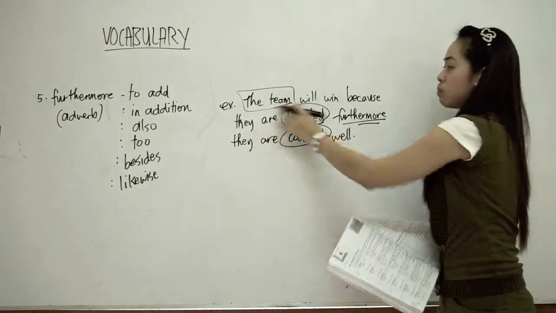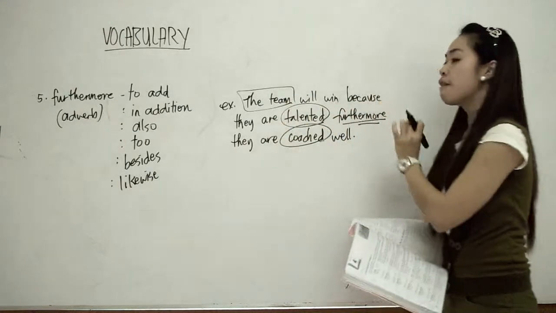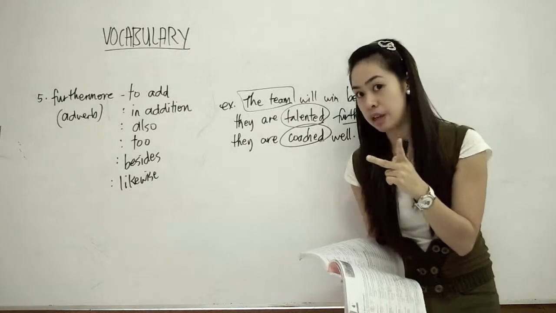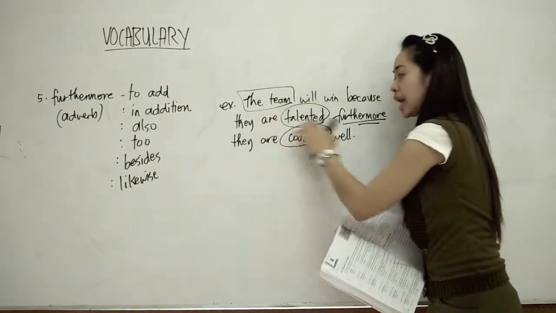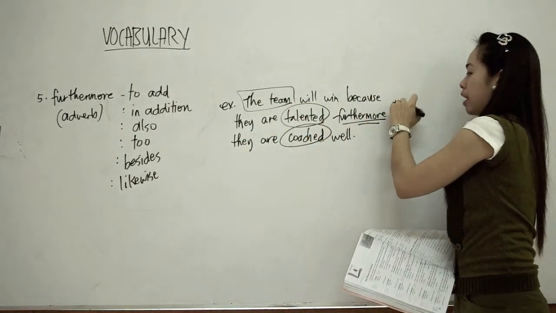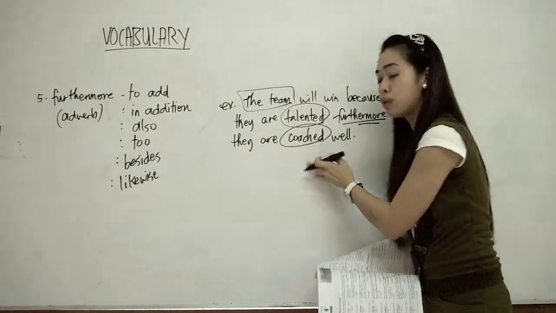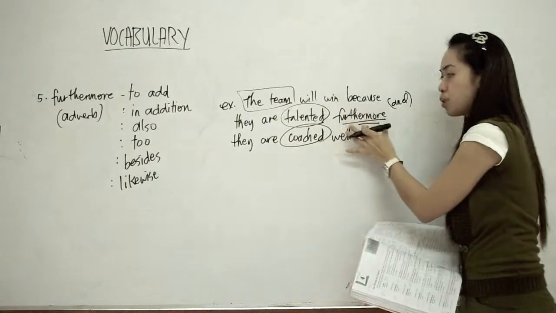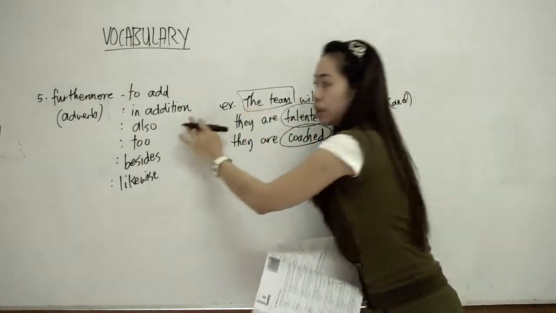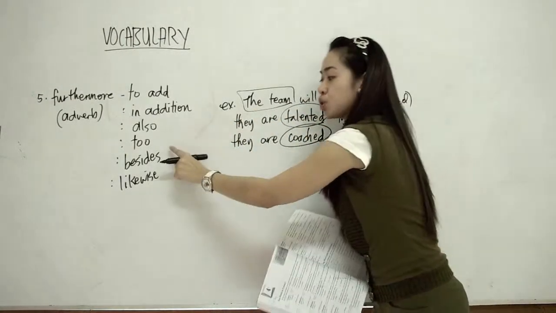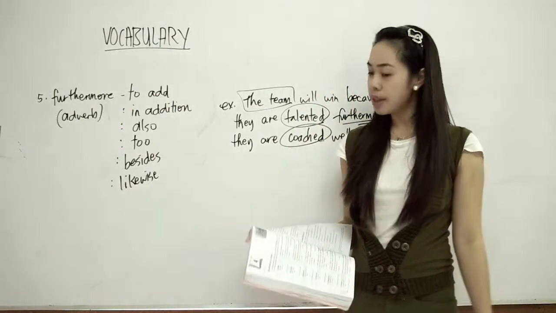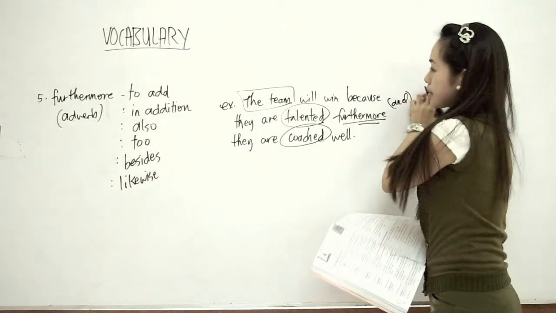So there are two pieces of information given here: they are talented and they are coached well. So in order to add more information, you use the word furthermore. You can use the words in addition, also, too, besides, likewise. Okay, so I hope you got it. Next.